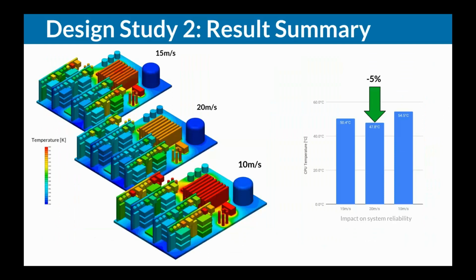Putting this together, I might come to the conclusion that my peak temperature is not significantly smaller, right? So that a bigger fan or a stronger fan might not be worth it. And I have this confidence in my design decisions thanks to just a quick simulation in the cloud using SimScale.